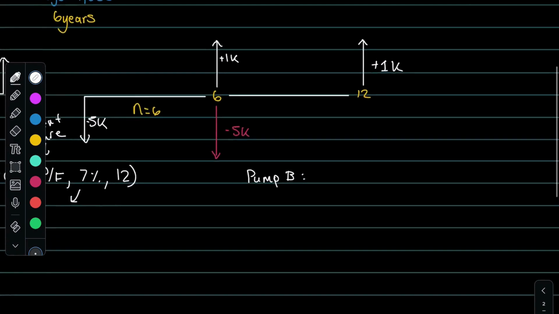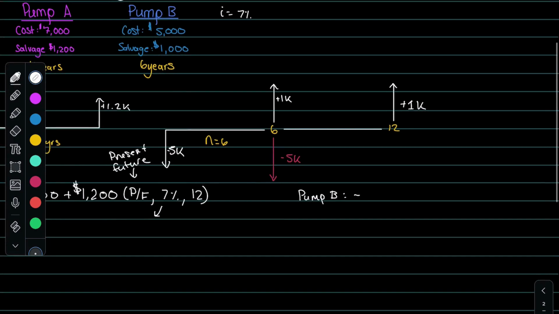it's a little different. Pump B, we have to buy it for $5,000. Then we gain $1,000. Sorry. We gain $1,000 from the salvage cost, present to future, 7%.